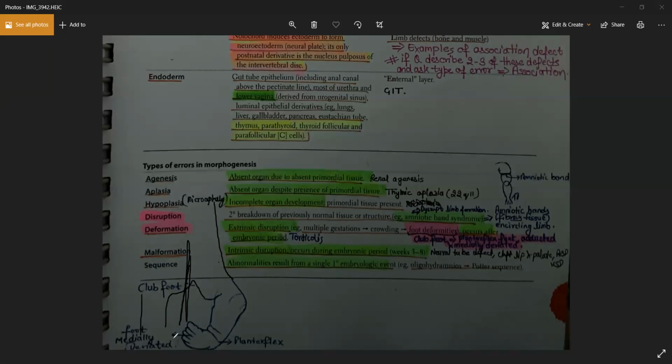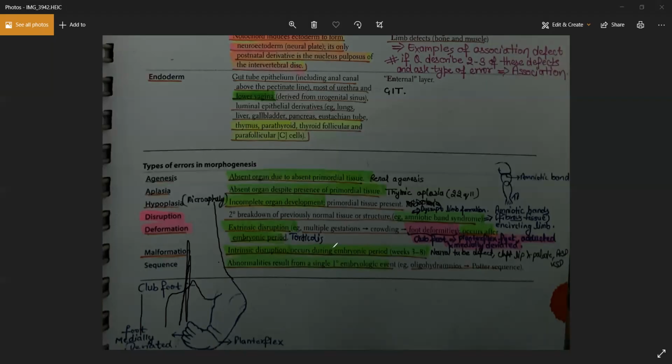A medially deviated foot with plantar flexion, you call it a cleft foot deformity. You call it a deformity because you have a deformation here. Whenever you think about crowding, for example, multiple gestations can happen, and that can lead to the crowding, and that can lead to the foot deformities.